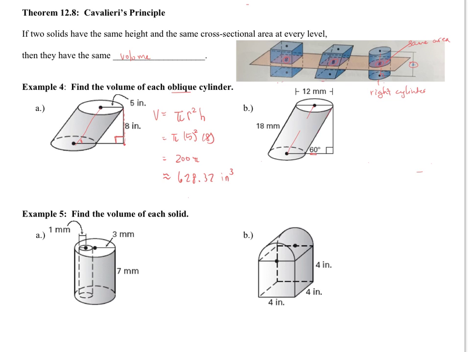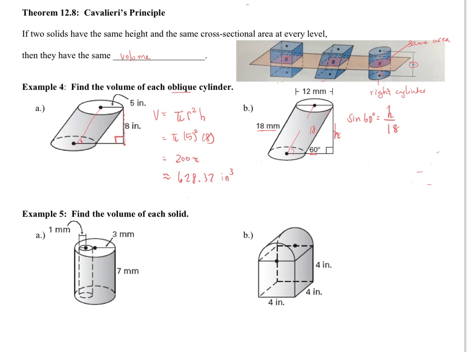And for this other one here, the height is not given, but we're given a 60-degree angle, which tells us how oblique this cylinder is. We're also given the slant height of 18. And we can use sine of 60 degrees, so opposite, I'm going to let this be h, over hypotenuse 18.